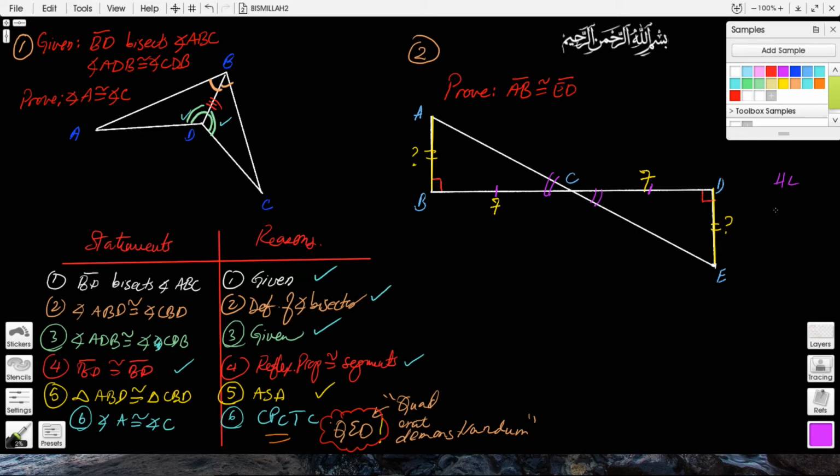I have angle, side, angle. And I could prove those two triangles congruent. After proving those two triangles congruent, I can prove that AB is congruent to DE from CPCTC. So from angle, side, angle, I get CPCTC, and I can prove those to be congruent.